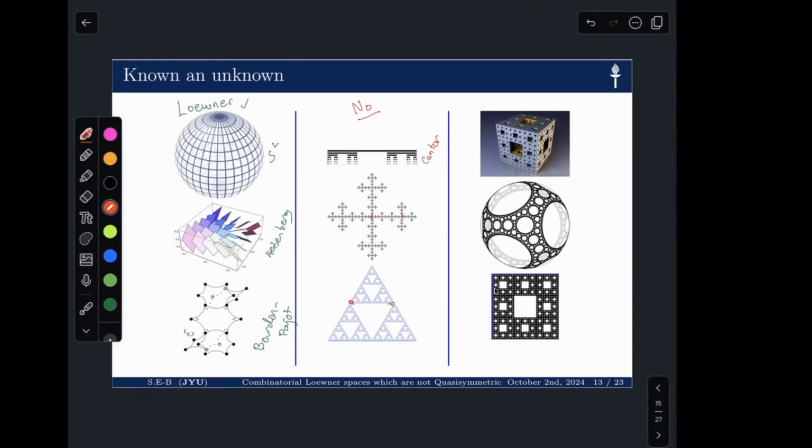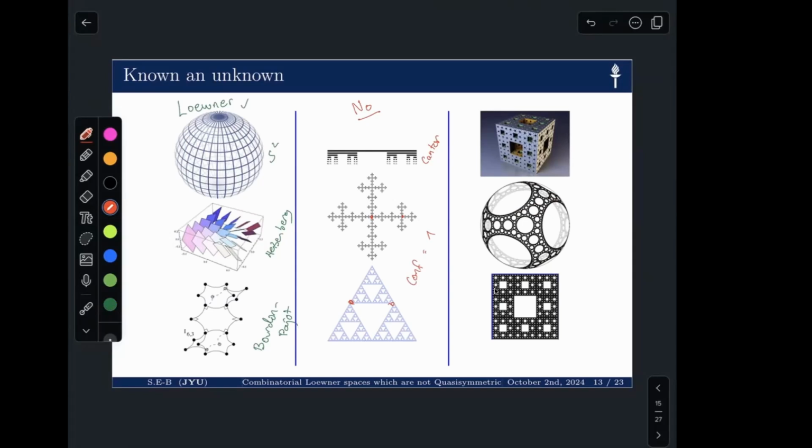In these cases, the cut points allow you to prove that the conformal dimension is actually equal to 1, but it's not attained for purely topological reasons. So we know some spaces are Loewner because we have the metric at hand, and we know some spaces are not Loewner because they fail to be so for stupid reasons.